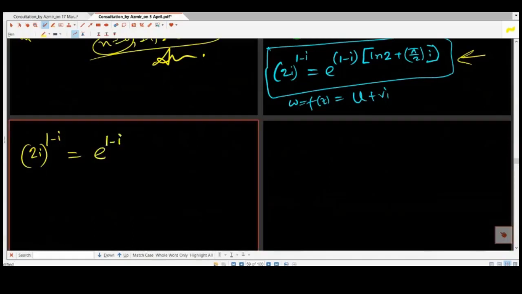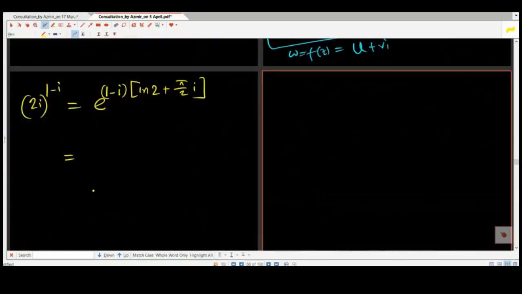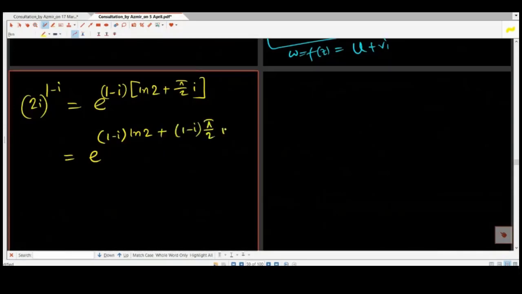So e to the 1 minus i natural log of 2 plus pi over 2 i. What can we write now? We can write e to the 1 minus i times log 2 plus 1 minus i times pi over 2 i.